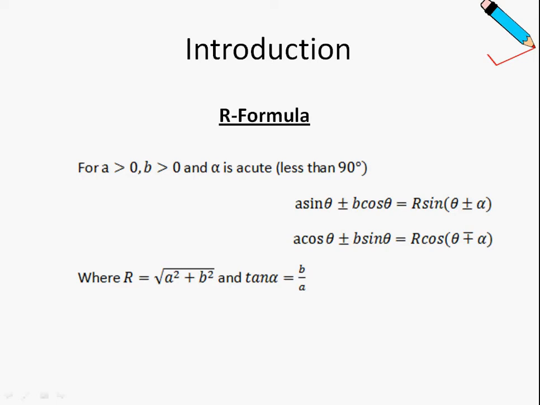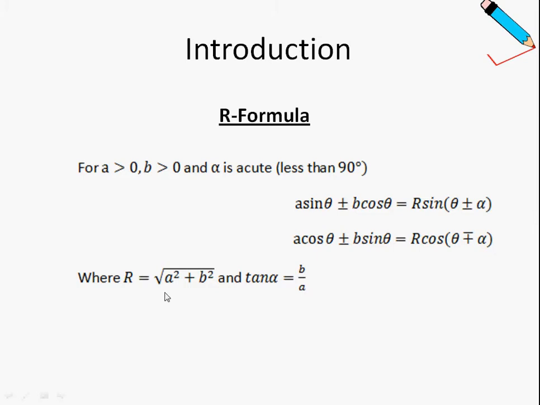Basically, the R formula is just used to convert equations in this form, a sine theta plus minus b cosine theta, into R sine open brackets theta plus minus alpha. Similarly, if the equation has been flipped around and is in this form, a cosine theta plus minus b sine theta, we can then convert it into the form R cosine open brackets theta minus plus alpha.